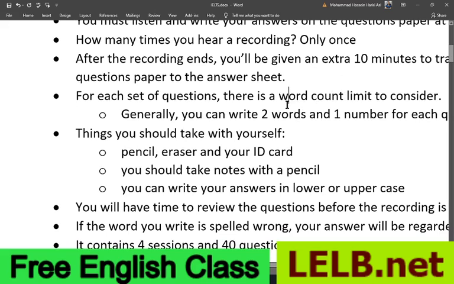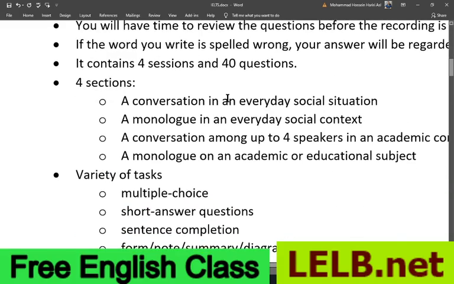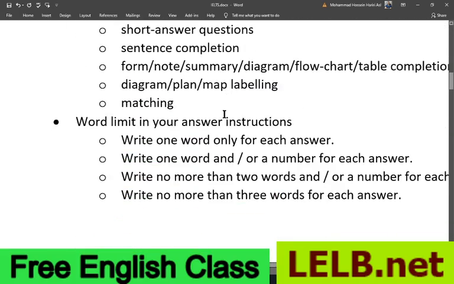But to be more specific, of course, you're given the precise instructions. There are 4 possibilities. You can write 1 word only for each answer, or write 1 word and 1 number for each answer, or write no more than 2 words and or a number for each answer, and also write no more than 3 words for each answer.